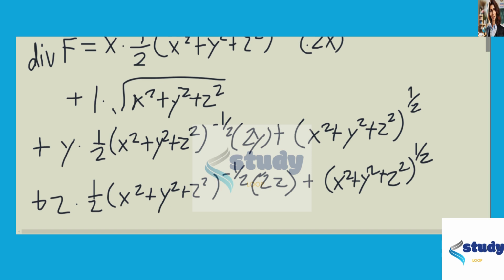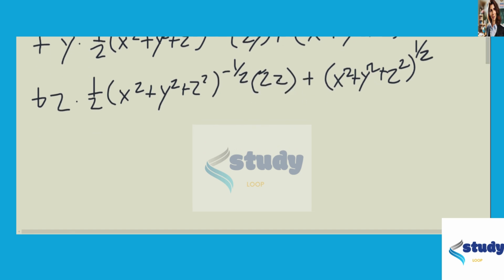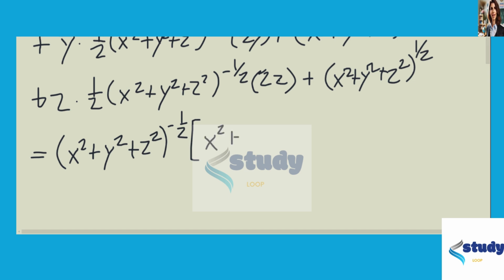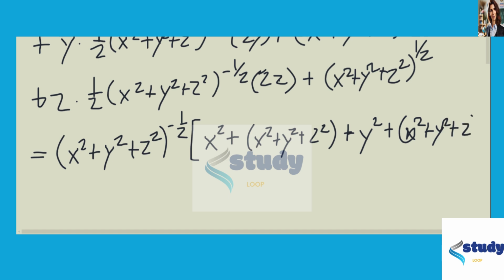Combining terms and factoring out x squared plus y squared plus z squared to the negative 1/2, we get x squared plus y squared plus z squared to the negative 1/2 times x squared plus x squared plus y squared plus z squared plus y squared plus x squared plus y squared plus z squared plus z squared plus x squared plus y squared plus z squared.